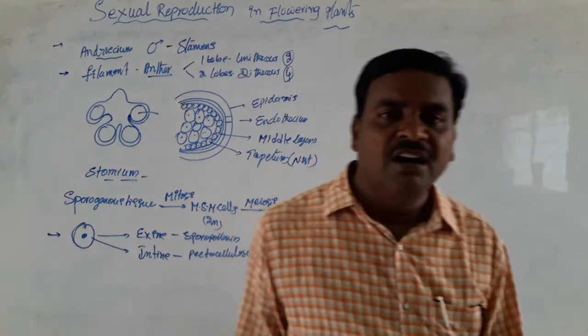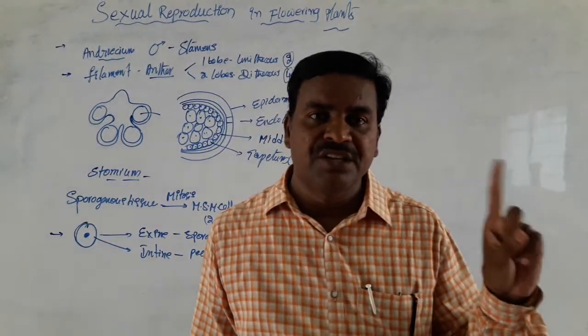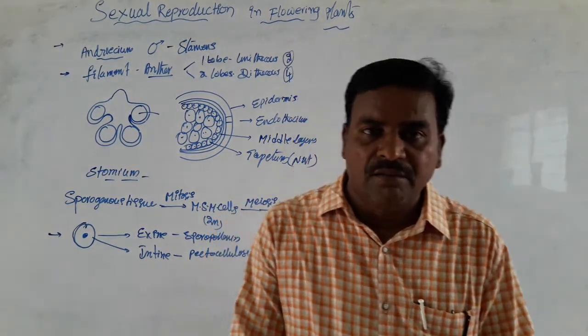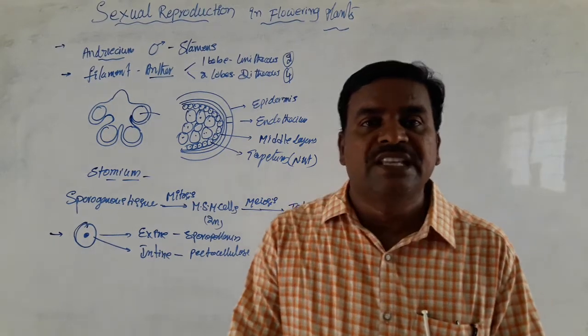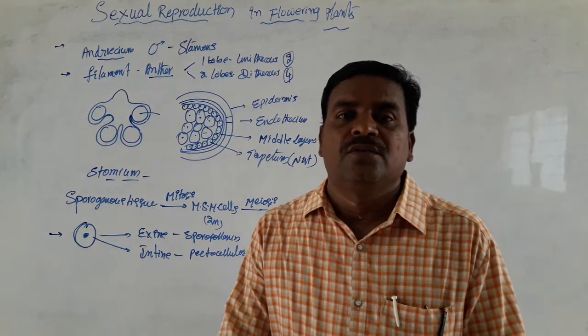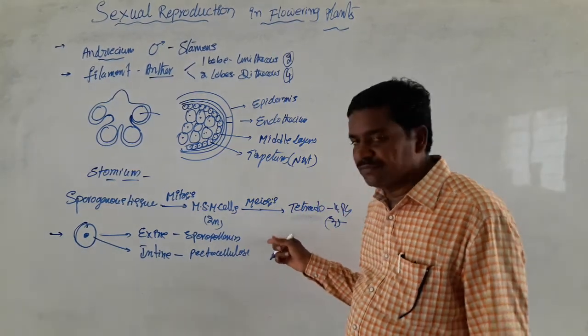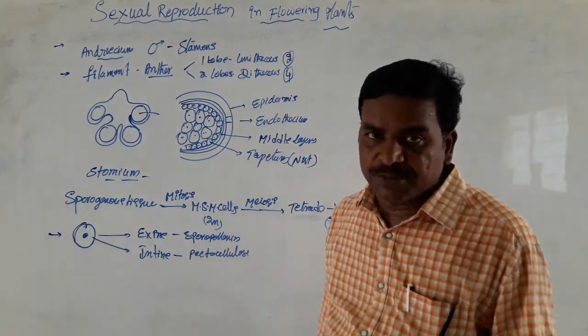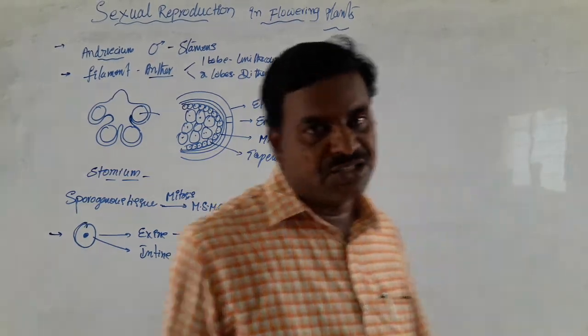Students, this exine is made up of sporopollenin. This is a very hard and strong organic material which can withstand very high temperature, enzymes, and also strong acids. There is no enzyme that will degrade sporopollenin. Sporopollenin also preserves the pollen grains even in fossils.